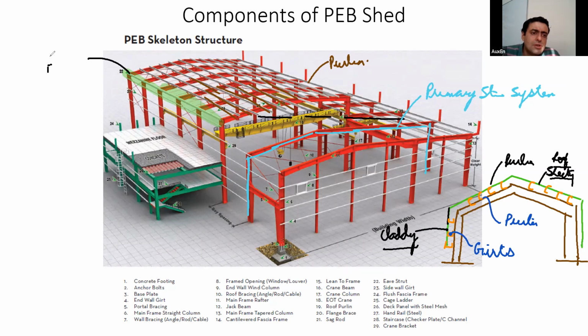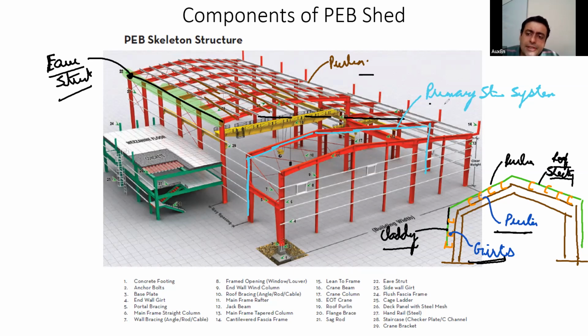So this element that we provide at the top point of my column in this direction is called the eave strut. All right. So the purlins, the girts, the eave struts, these together are called the secondary structural system.